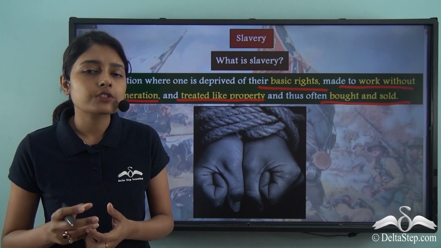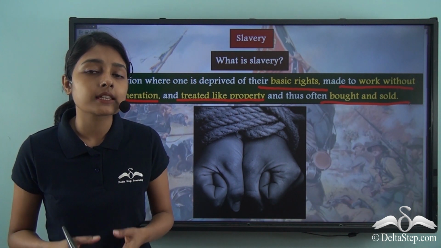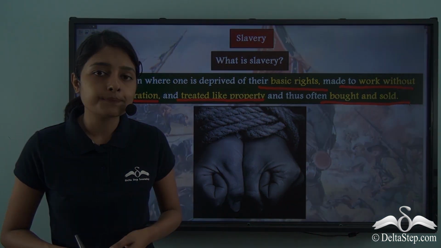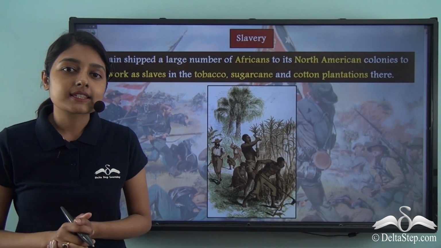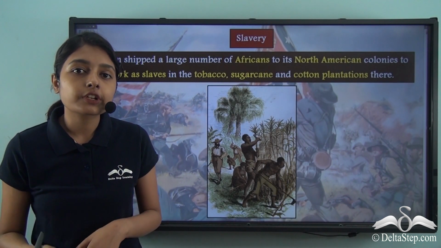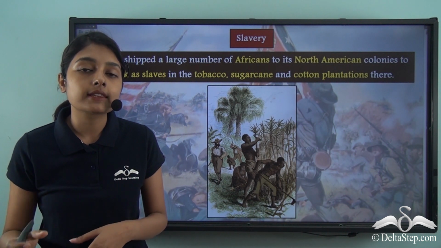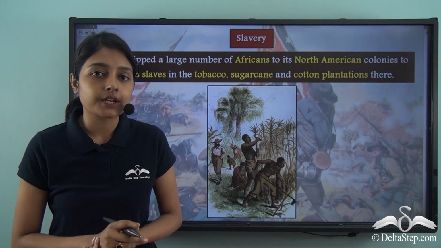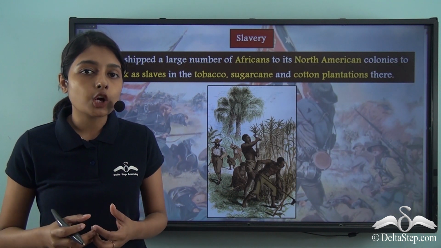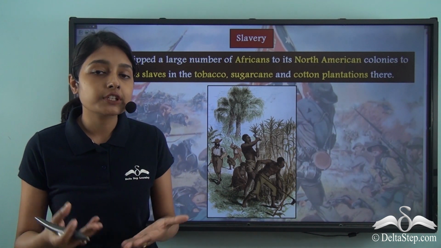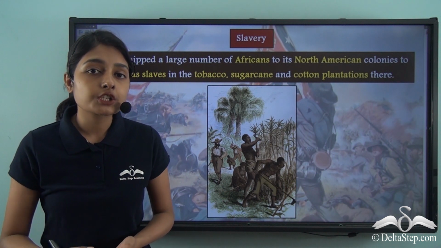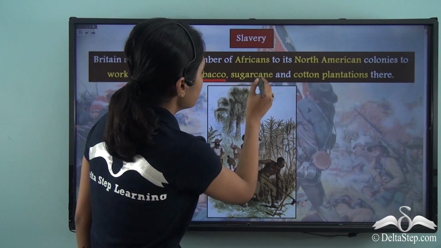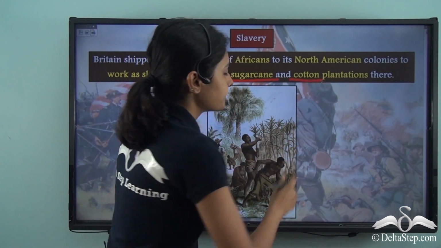Now you must be wondering how this dehumanizing institution was still prevalent in independent America. In our previous lesson, we learnt about the geographical location of the northern and the southern colonies that Britain had set up in North America. In the southern colonies, lands were very fertile for the production of cash crops like tobacco, sugarcane and cotton.